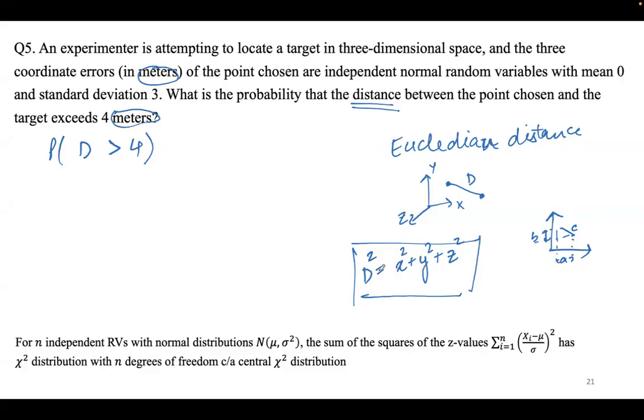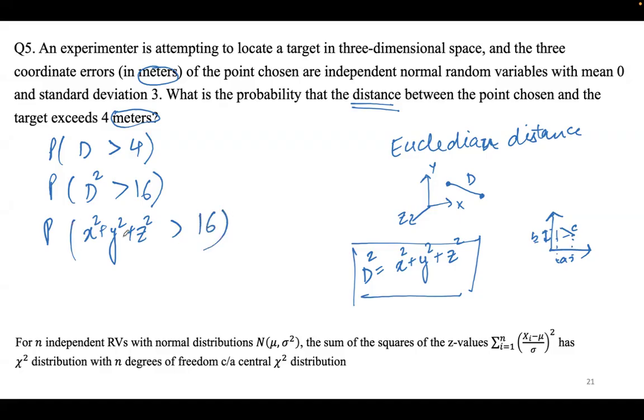What we can do is square up both the sides. We'll say D square has to be greater than 16. And now, instead of D square, we can write X square plus Y square plus Z square. That has to be greater than 16.